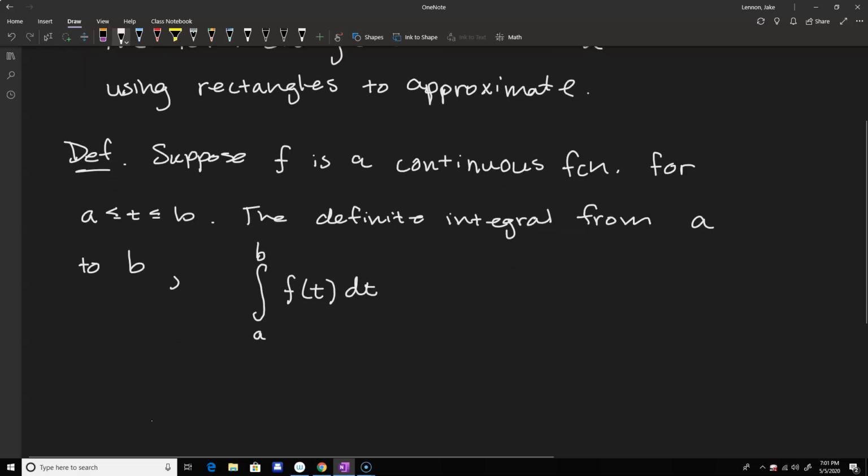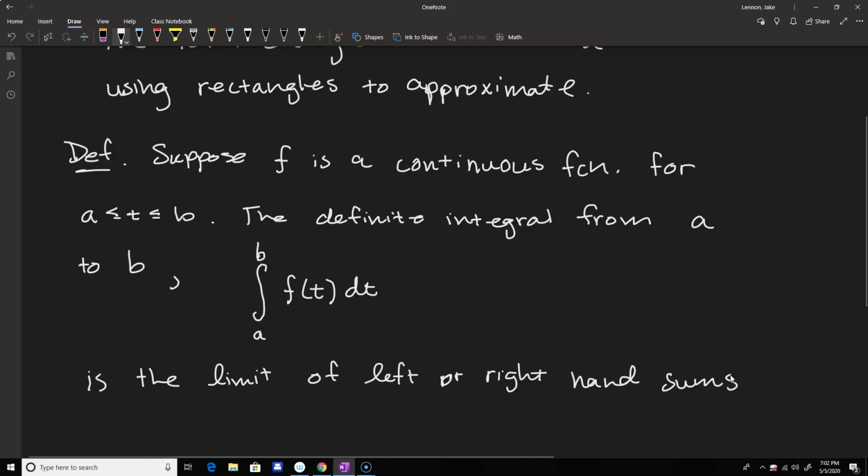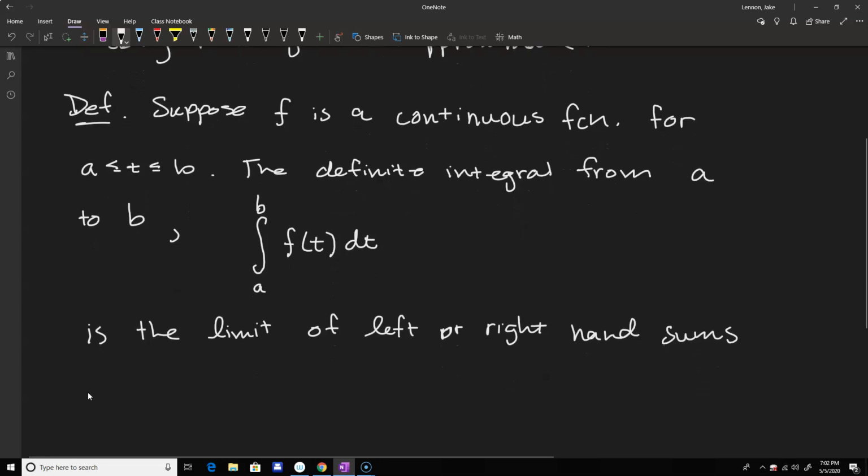So what this is, it's the limit of left or right hand sums of n subdivisions of the interval a b as t gets large.